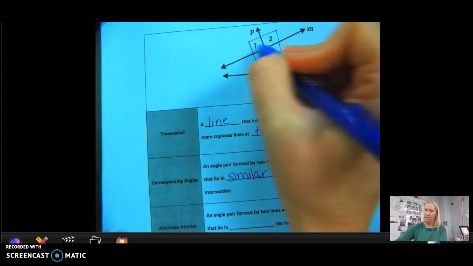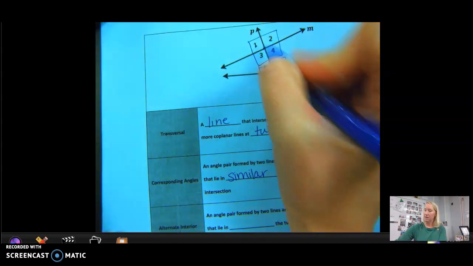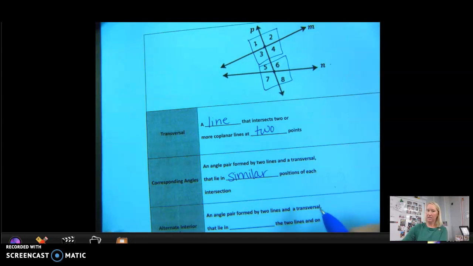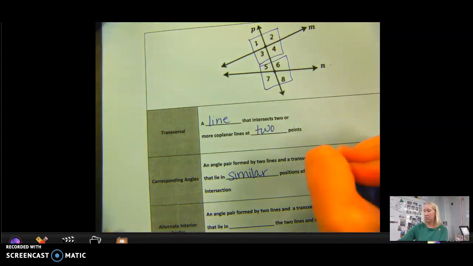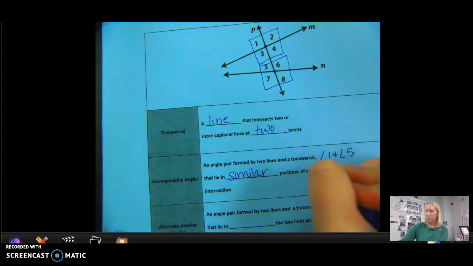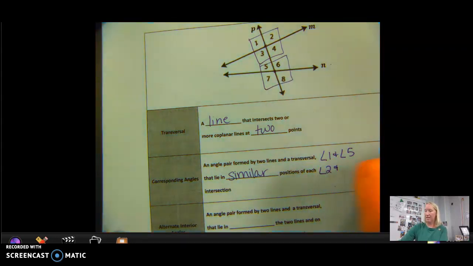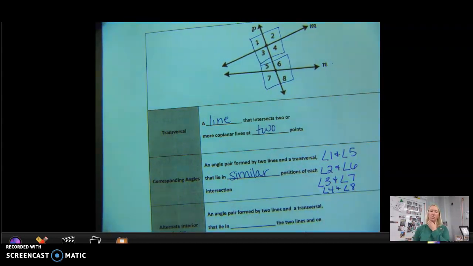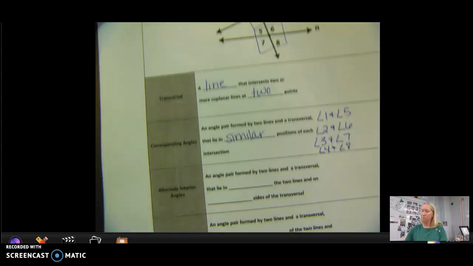So 1 lies in the upper left-hand corner of the box. 5 lies in the upper left-hand corner of the box. So 1 and 5. 2 corresponds with, so upper right-hand would be 6. 3 is lower left-hand, so that would be with 7 lower left-hand. 4 and 8 correspond. So those are corresponding angles.